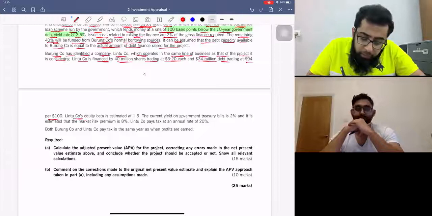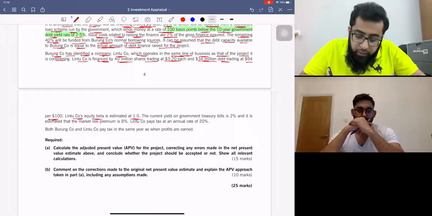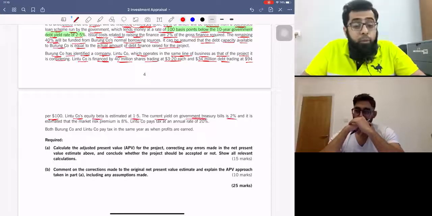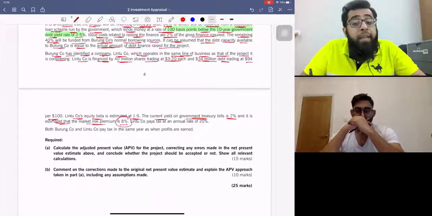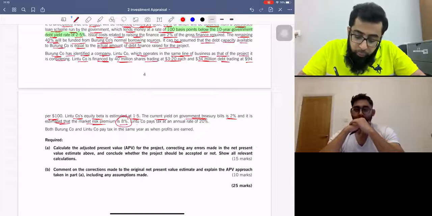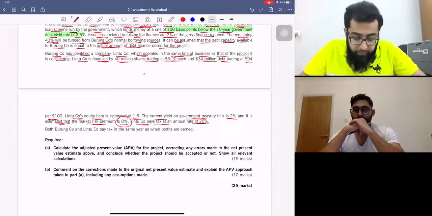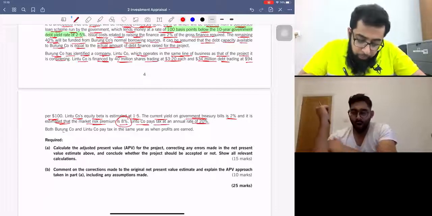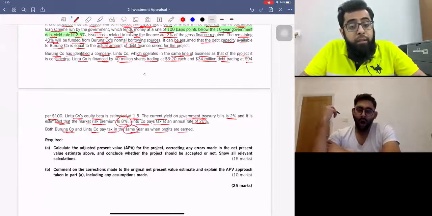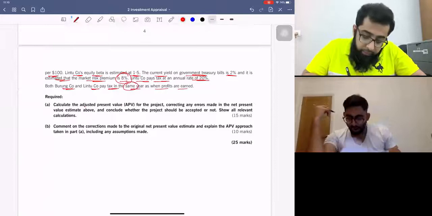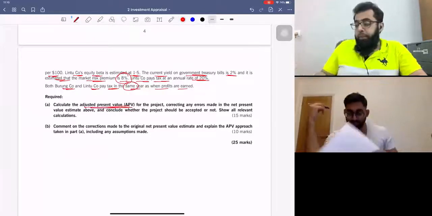Lintu company's equity beta is 1.5. The current yield on government treasury bills is 2%, and it is estimated that the market risk premium is 8%. Lintu company pays tax at 20%. Both Burung and Lintu company pay tax in the same year when the profits are earned. Calculate adjusted present value.